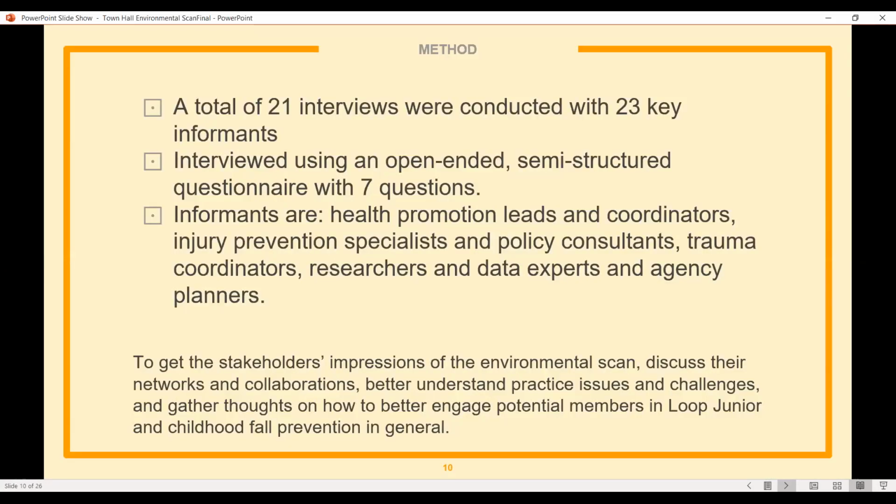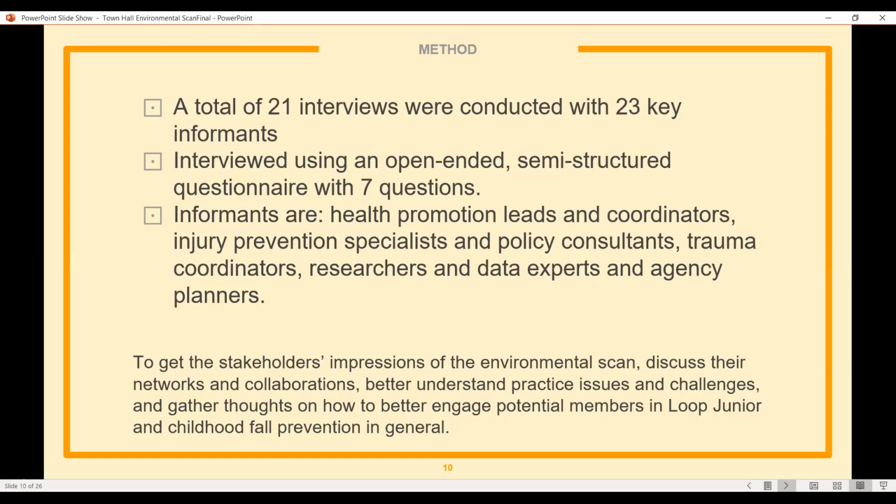We started off with the members of the National Advisory Committee that you saw in the previous slide, and we took a snowball approach to doing some key informant interviews. In total, there were 21 interviews, and we used open-ended, semi-structured questionnaires with 7 questions. The informants, all practitioners and participants, represented various disciplines and perspectives, and those are listed there.